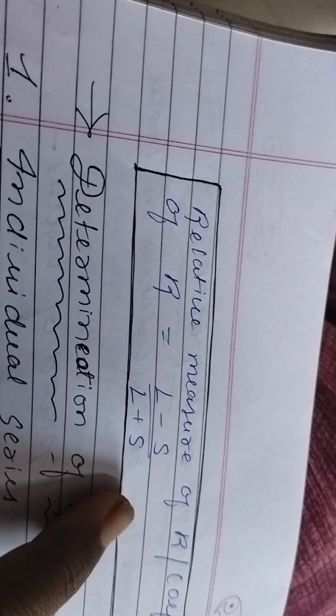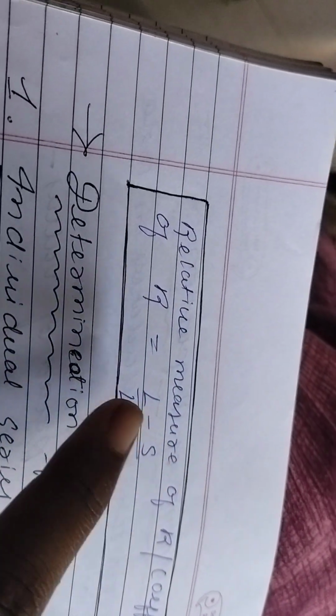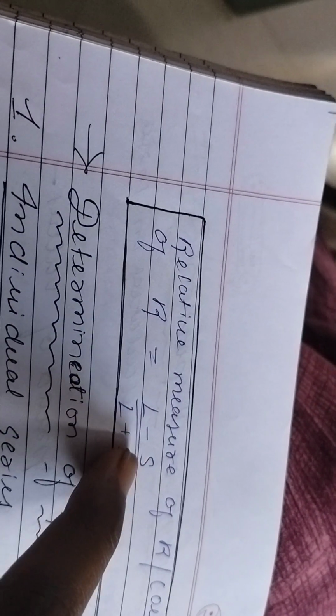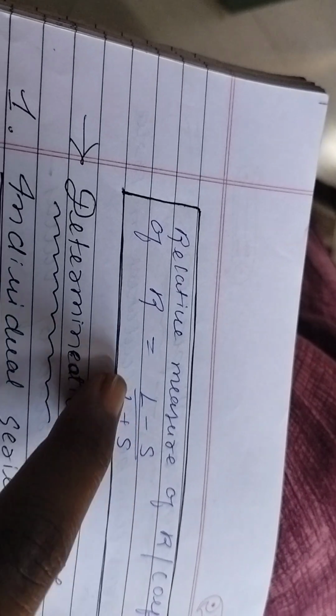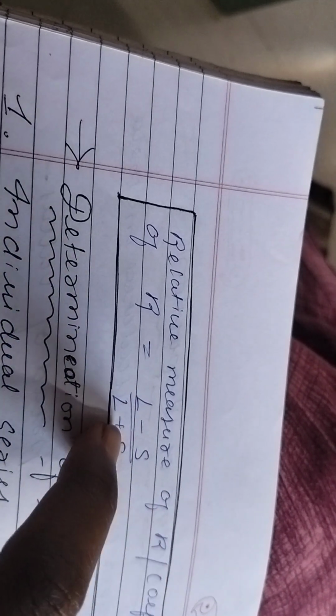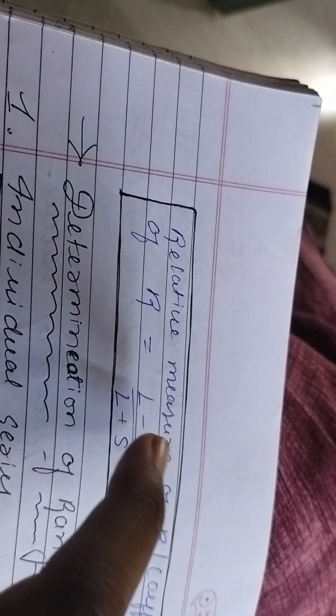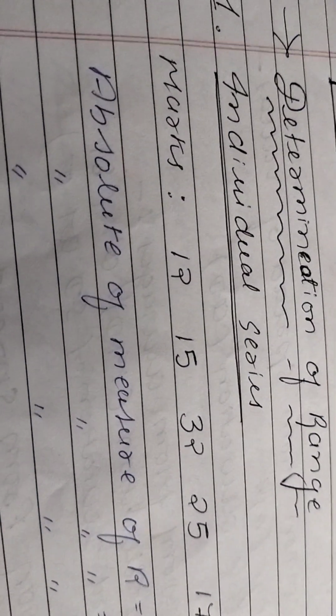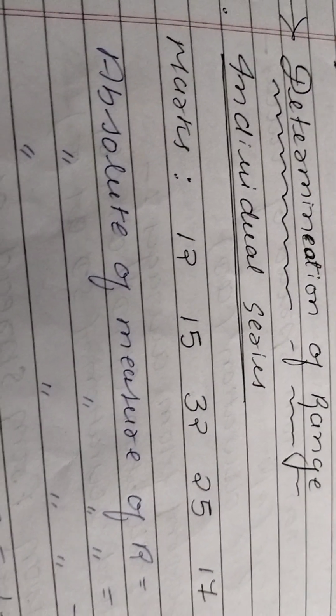First we have to write the formula of the absolute value, and in the fraction, in the denominator, you have to write the same formula, but only change the sign. Now there are the determinations of the range.